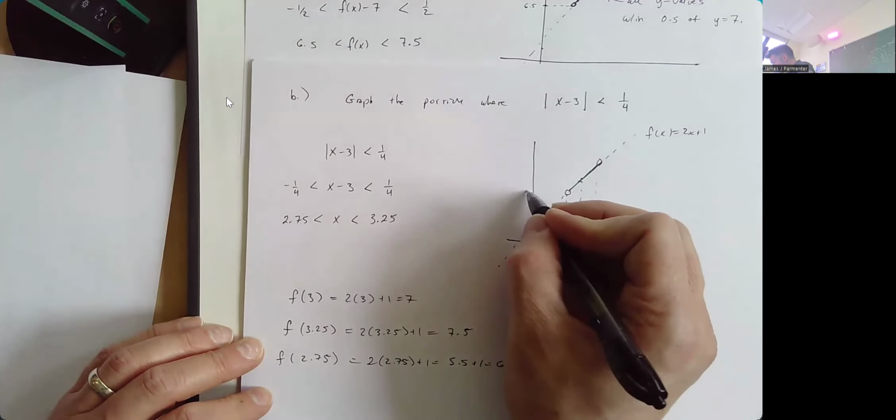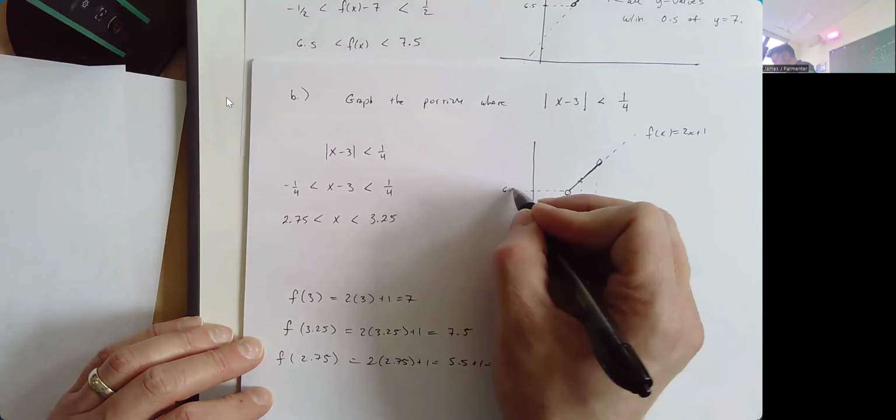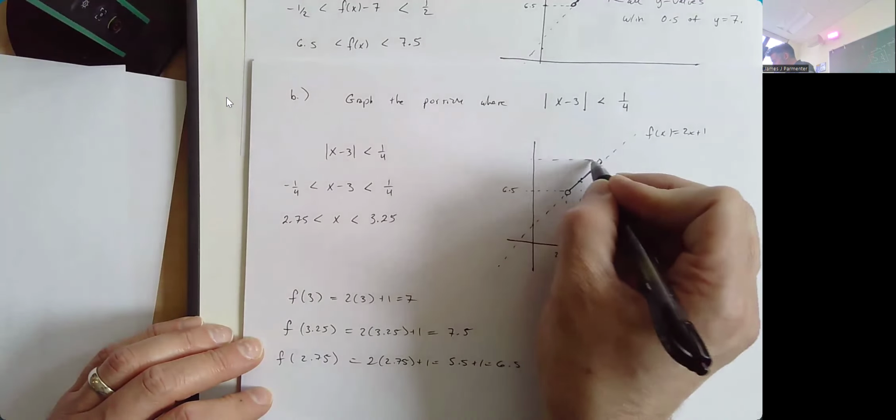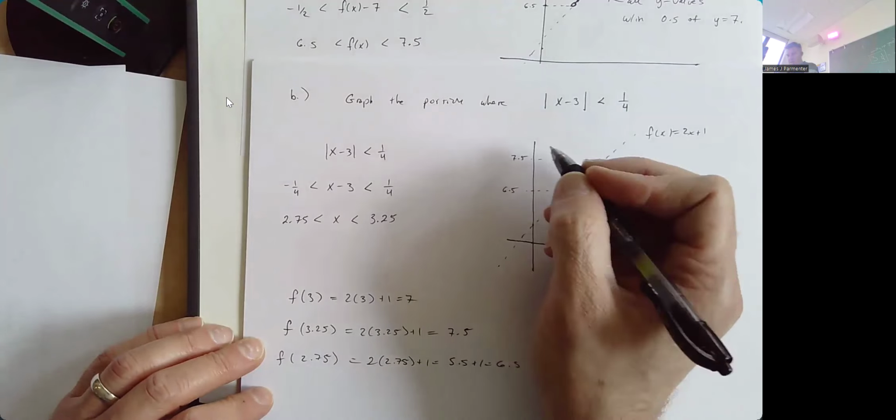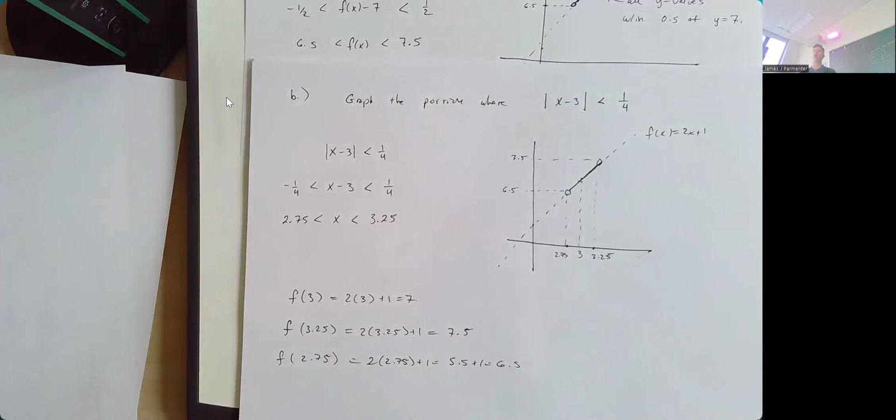So this point here has a y value of 6.5. This point here has a y value of 7.5. So we can describe the same piece of this graph by either talking about a domain for the x values or a range for the y values. And either way, we can kind of describe the same piece of this.